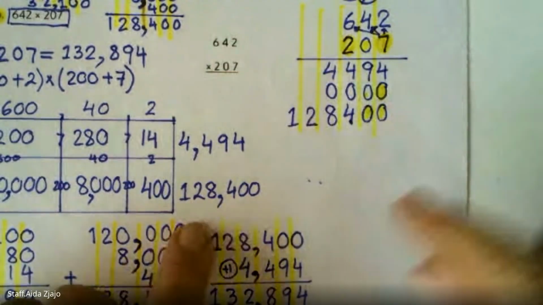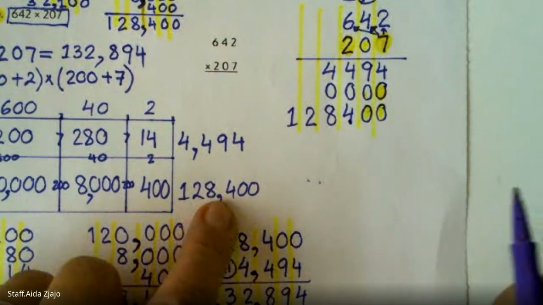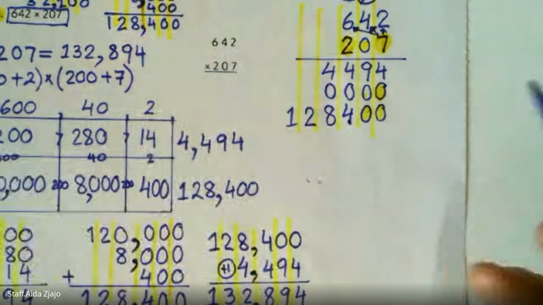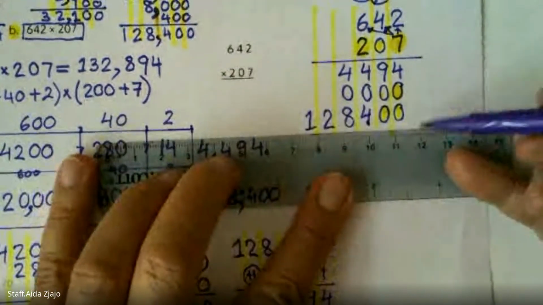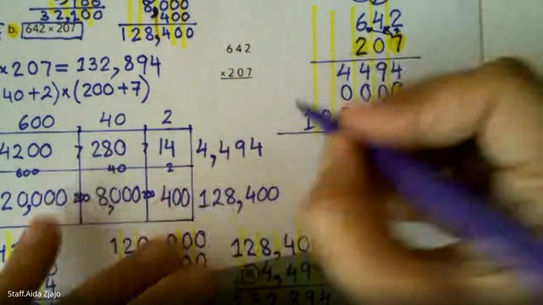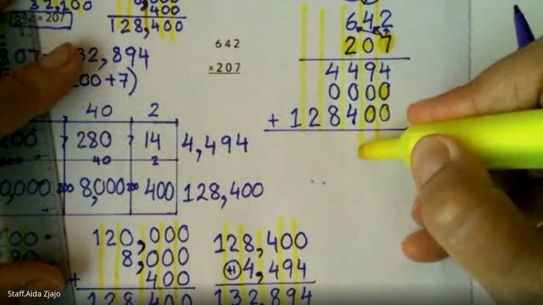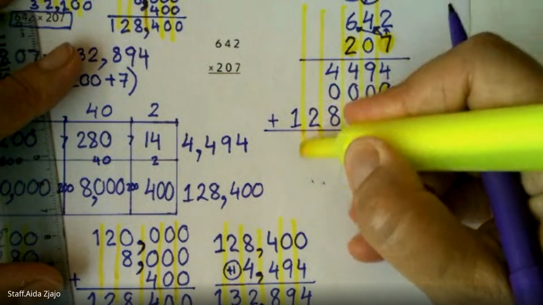And I got the same answer, 128,400. I'm going to underline and add. And that should be the proof that we were correct.